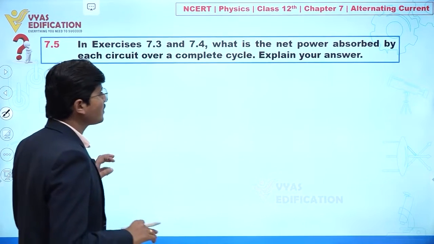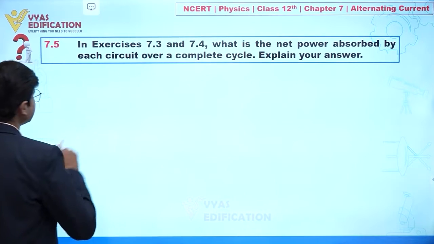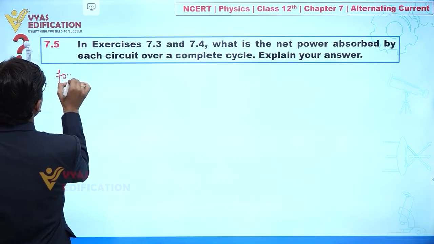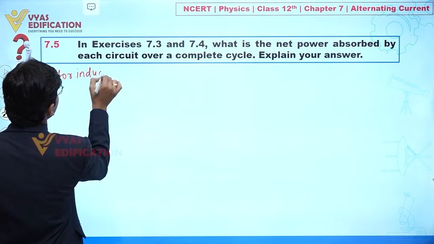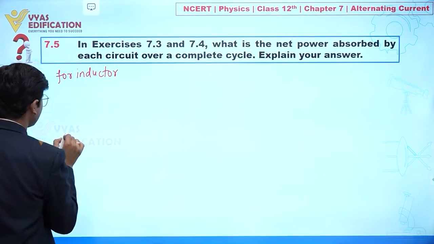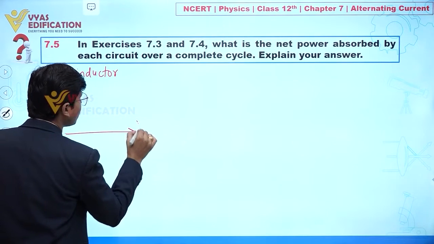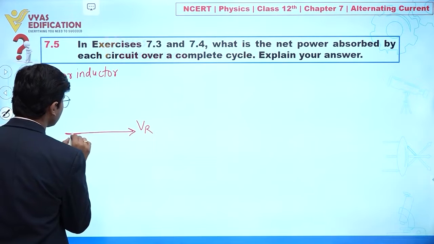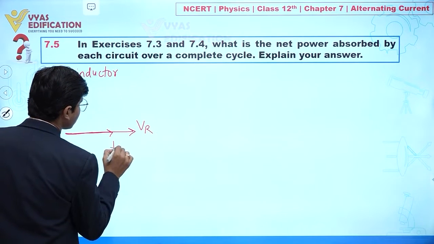So now if we draw a phasor diagram for the inductor, we can take this as the direction of voltage or potential difference across the resistor. In this direction you will find current.